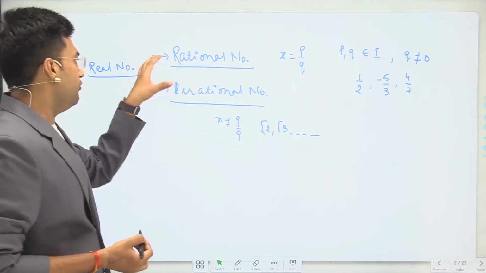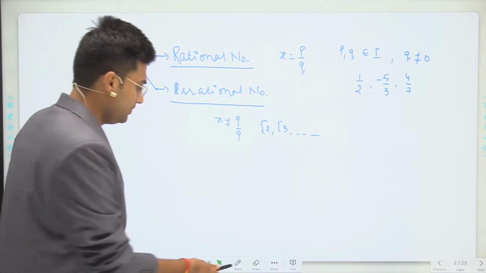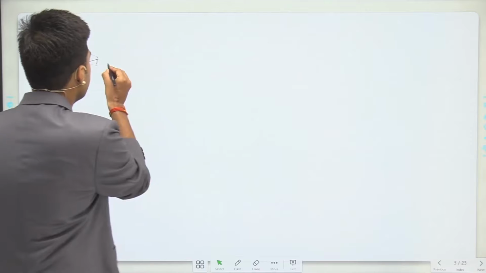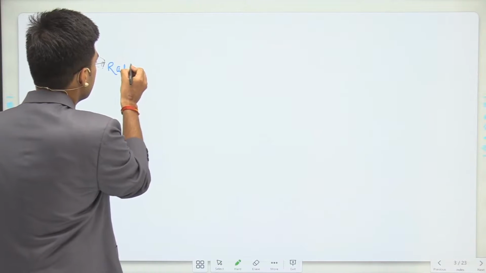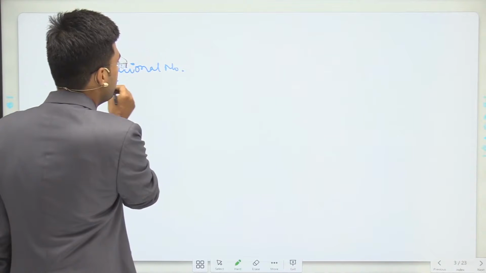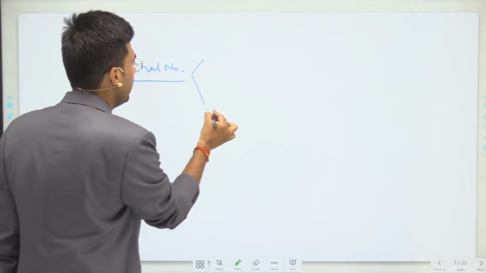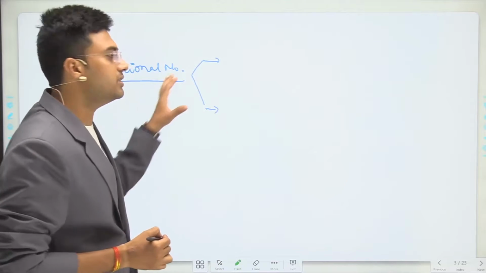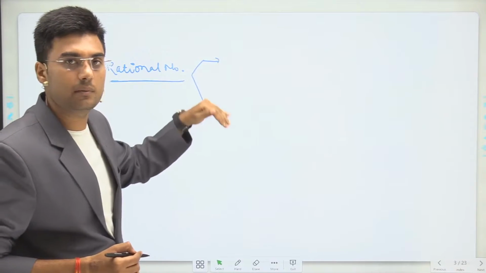Now if we talk about the rational numbers, again rational numbers are two types according to their decimal representation. We study that rational numbers are two types according to decimal representation.